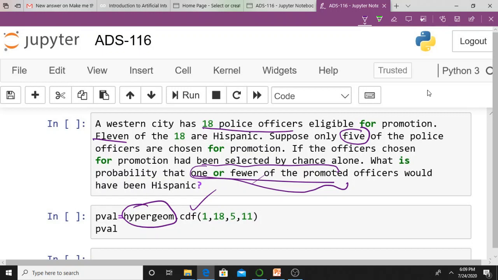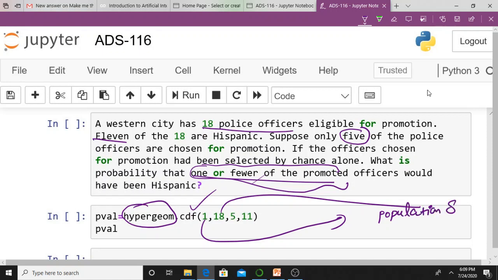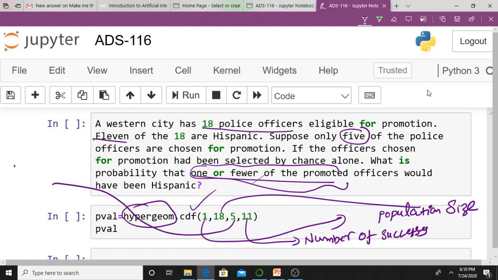This 18 is the population size. This 11 is the number of successes in the population. This 5 is the sample size.